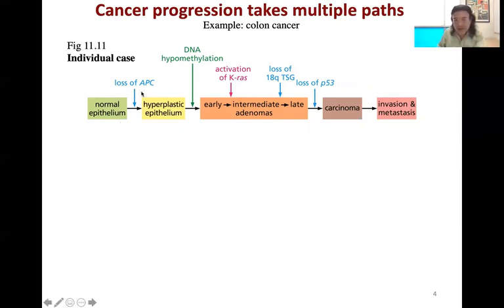Maybe that mutation disrupts the normal functioning of the APC protein. So the APC gene gets a hit, and as a result, the APC protein is no longer the right shape, or the mutation causes a loss of APC expression. Either way, the cell loses functional APC.